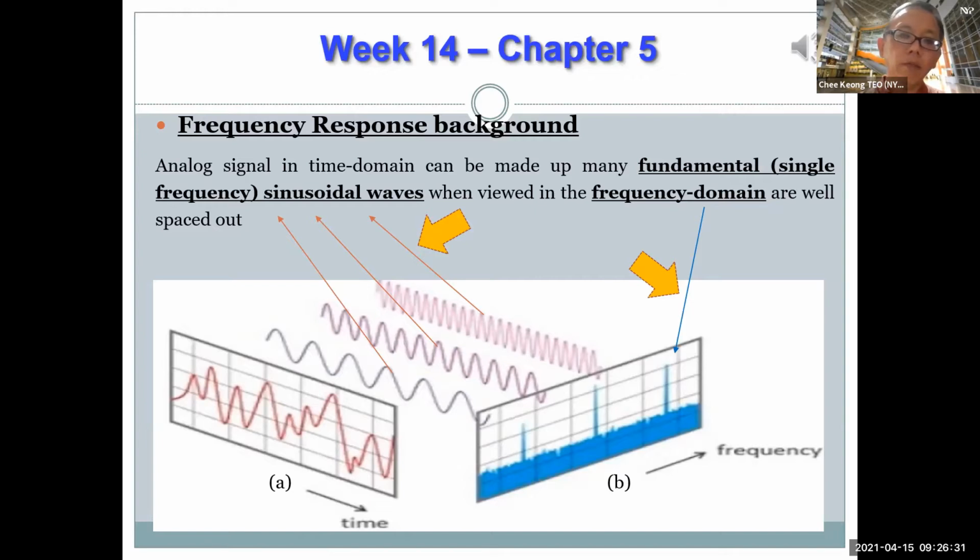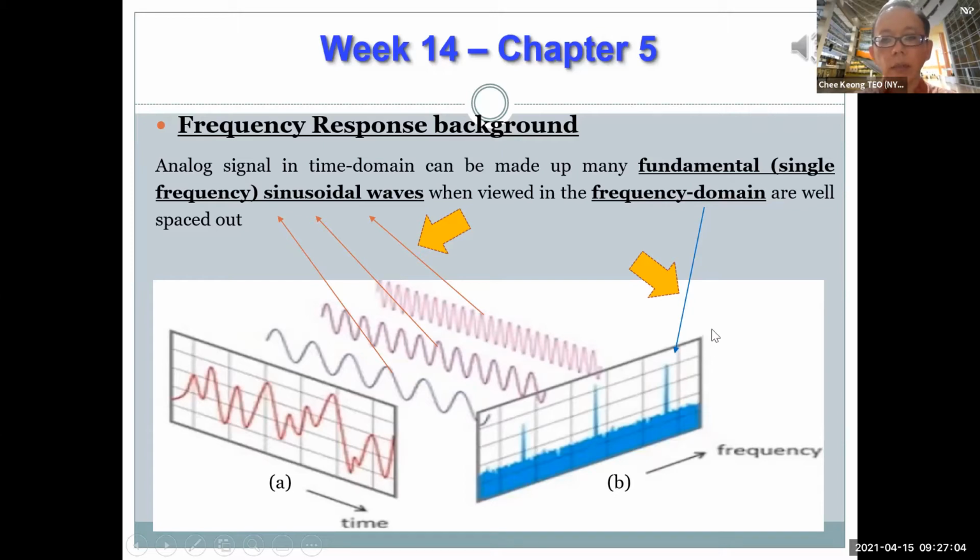As we have already viewed this graph before, this is to recap that any fuzzy signal in the time domain can be viewed as a summation of multiple frequencies. In the time domain it is pretty fuzzy and mixed, so you really cannot separate one from another. But if you look at the frequency domain, you realize that it has very distinct frequency components, well spaced out.